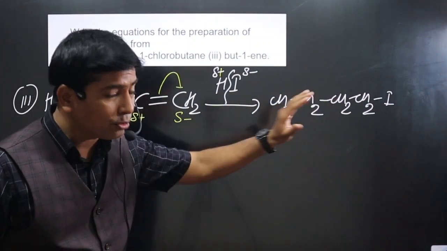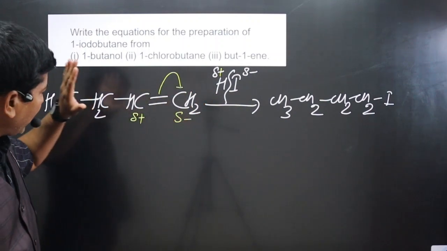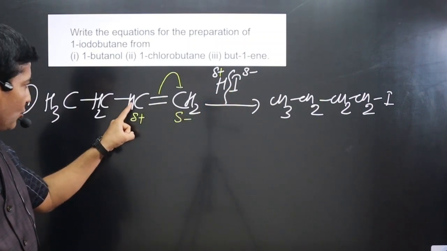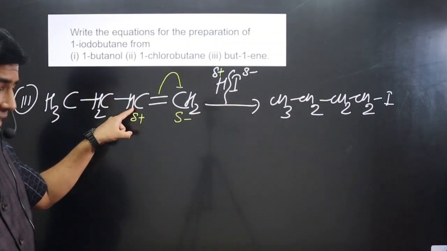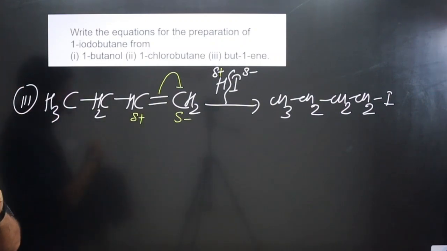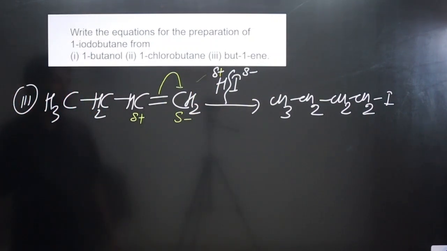We need 1-iodobutane. Understand very carefully. If I make this alkene react with HI, I will attach to this secondary carbon, and we will get 2-iodobutane, not 1-iodobutane. So this reaction is not possible.